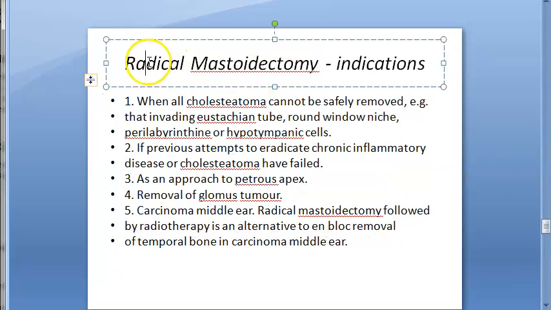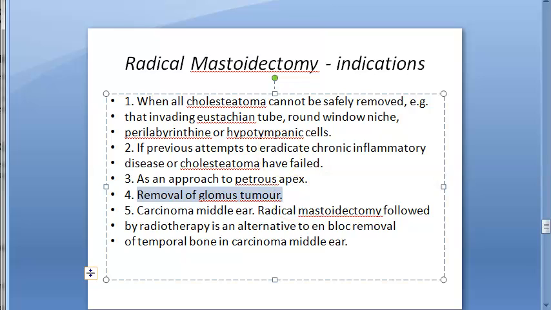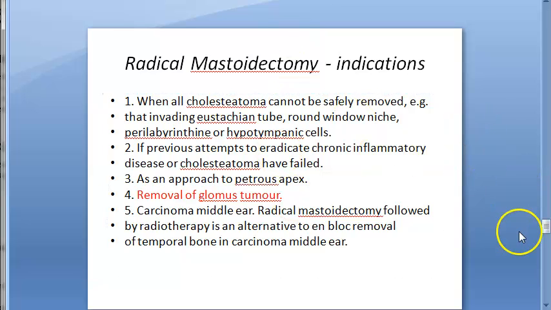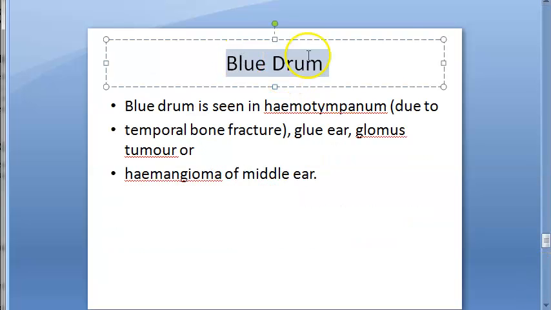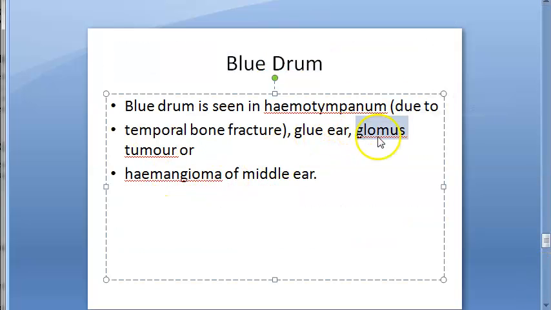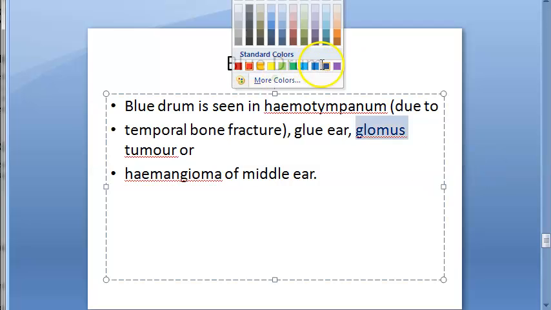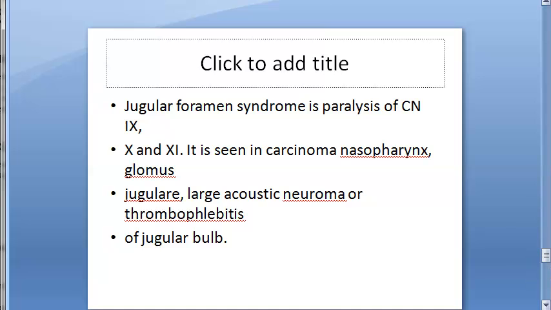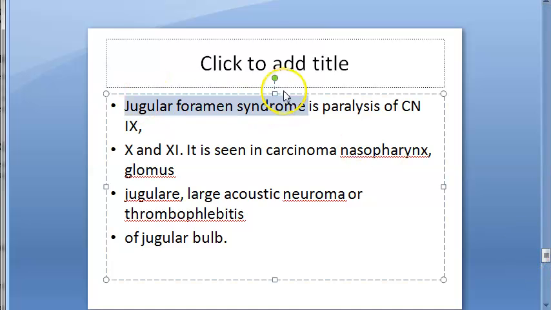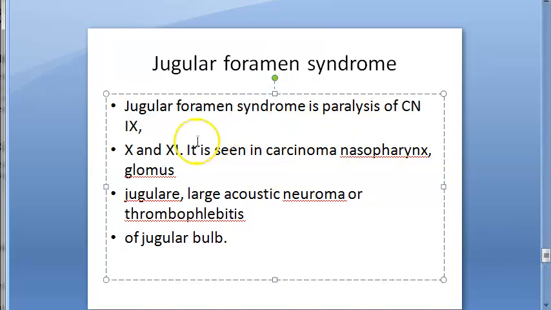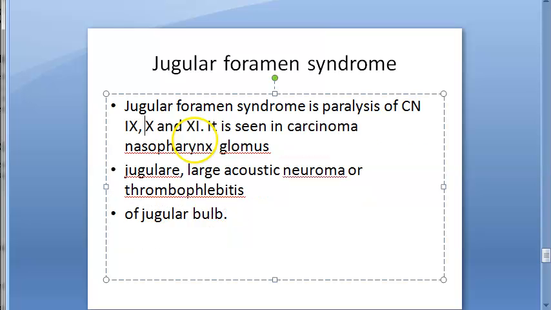Continuing. In radical mastoidectomy, one of the indications is removal of glomus tumor. So you can remember this. Blue drum, where and all you will see blue drum? You can see blue drum in glomus tumor. Then jugular foramen syndrome, you can see because of paralysis of these nerves, you can see it in glomus jugulare.